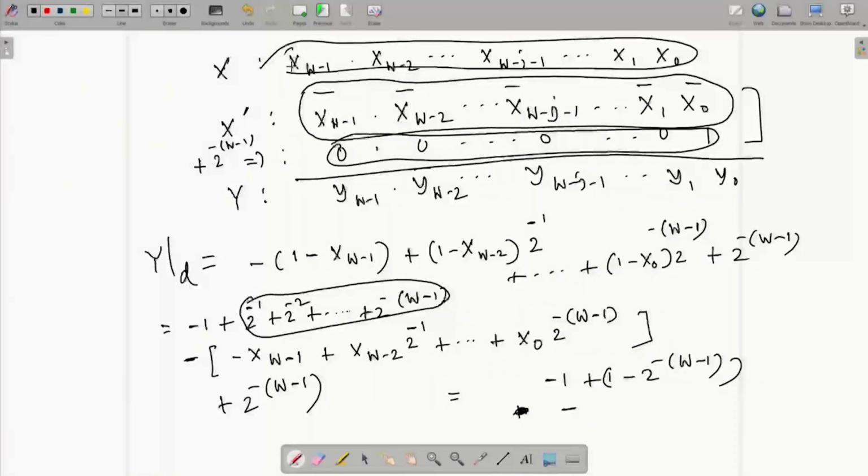There is minus of x w minus 1 and all those things. And lastly, we are left with this single quantity, this. So, you can see this 1 and minus 1 cancel, these 2 cancel, you are left with this much, which means if you really follow the procedure that you complement each bit of x, add a 1 at the LSB and get a new word, the decimal value of that word under this 2's complement system will be nothing but the negative of the original decimal value, minus x by d.